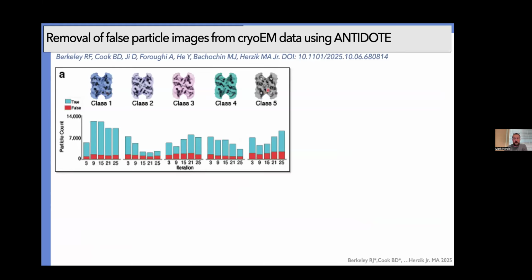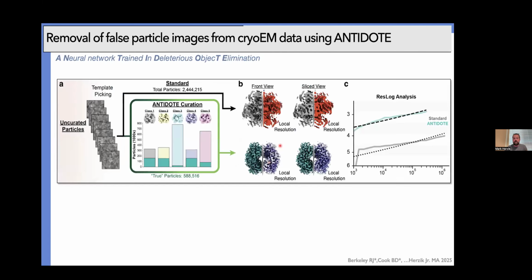If you classify an aldolase data set that's been poisoned into 5 classes, you get a distribution like this, where across the iterations, this is the percent true, this is the percent false, and it varies depending on class and depending on iteration. And so what we can do with this neural network is it picks out and ranks all the particles, and then you can pull them out to reconstruct them.